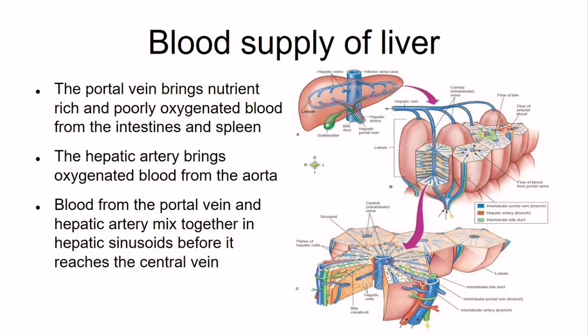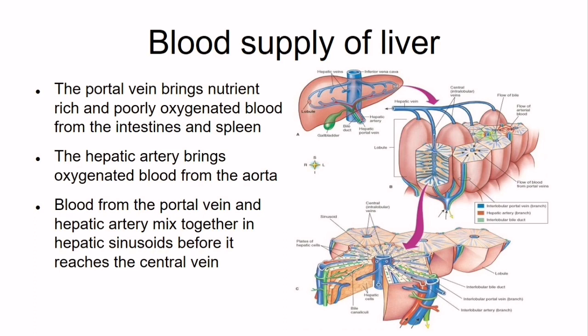This hepatic artery and this portal vein will form smaller branches which will go into the parenchyma of the liver, and these we now term the hepatic arterioles and the portal venules. They will run alongside the peripheral areas of the hepatic lobule in what we call the portal tract, together with the bile duct.